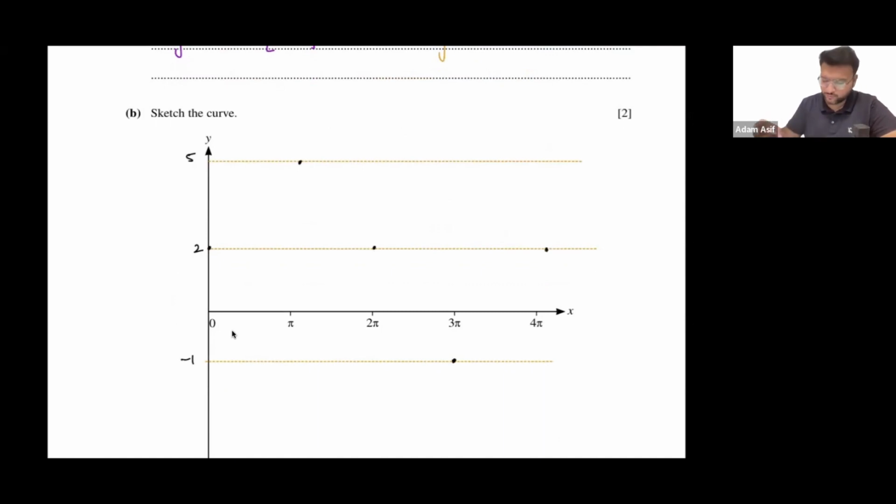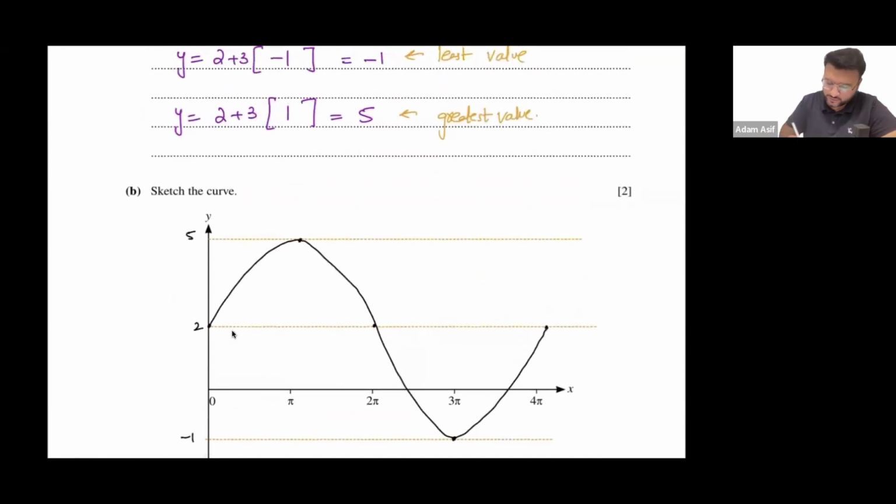Joining these points will give us our curve. That's one cycle of the function y equals 2 plus 3 sine half x.